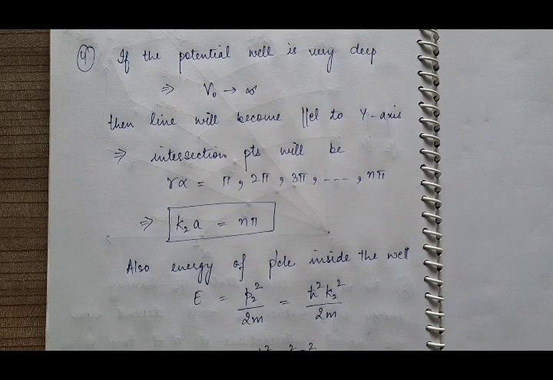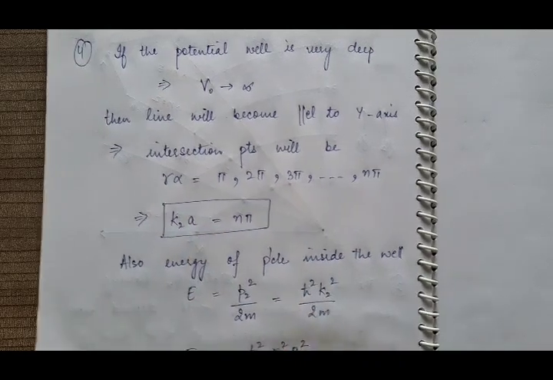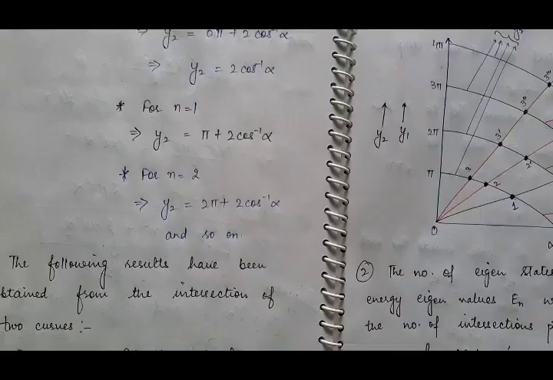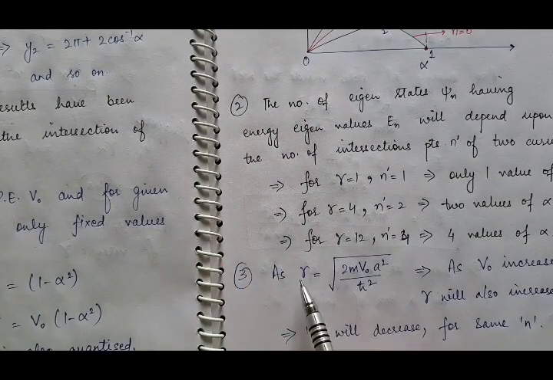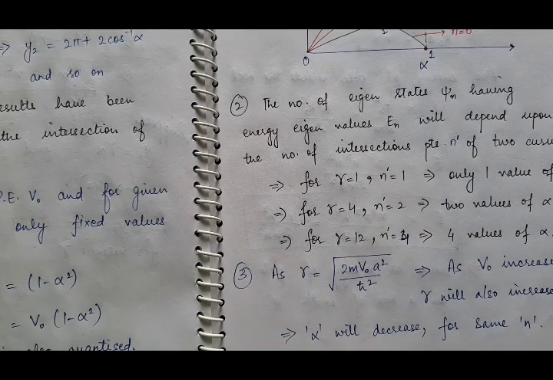Because for a line which is parallel to the y-axis, its x coordinate will be 0 and its slope will be infinity. So when V0 becomes infinity, put V0 is equal to infinity in this expression, you will get gamma is equal to infinity, and gamma is the slope, and slope of any line is infinity. It means it will be parallel to the y-axis.